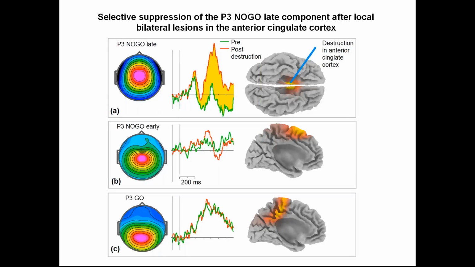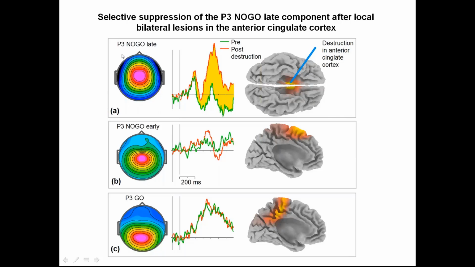Just to give you a flavor, in one study we recorded patients with obsessive compulsive disorder in whom the anterior cingulate cortex was destroyed. We recorded pre and post ERP.